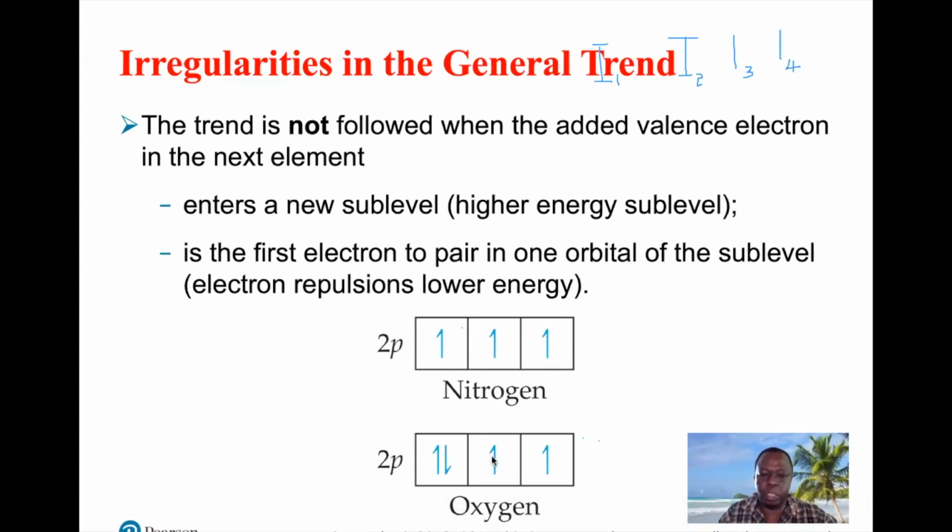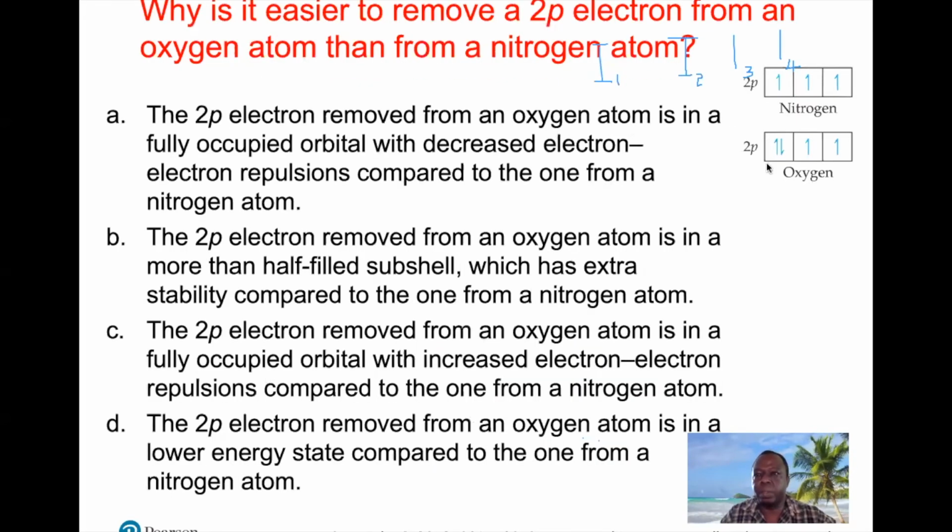This is the p sublevel, and these are the three orbitals in the p sublevel for nitrogen and oxygen. The point here is that electron repulsion lowers the first ionization energy. And I think there was a question here on oxygen and nitrogen: why is it easier to remove a 2p electron from an oxygen atom than to remove an electron from the 2p sublevel in nitrogen?